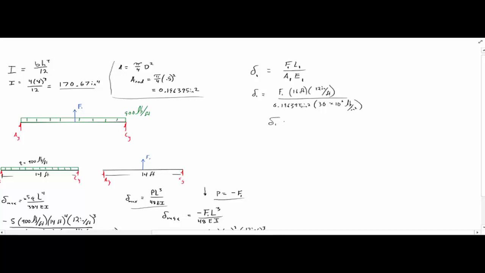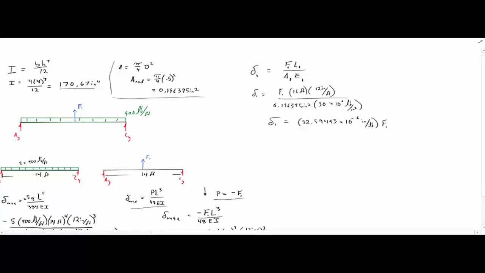And so now we get a deflection of the steel rod in terms of F, again, is going to be 32.59493 times 10 to the negative 6 inches per pound multiplied by F sub 1.